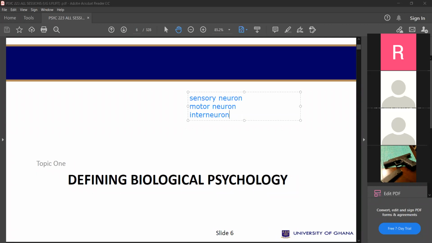So in books, sometimes they will say the sensory neuron receives information from our sense organs and sends it to the brain and the spinal cord, also known as the central nervous system. And sometimes the sensory neuron is called afferent. It's very key for you to know, because sometimes your lecturer wouldn't bring sensory, because he knows that sensory neuron is common.